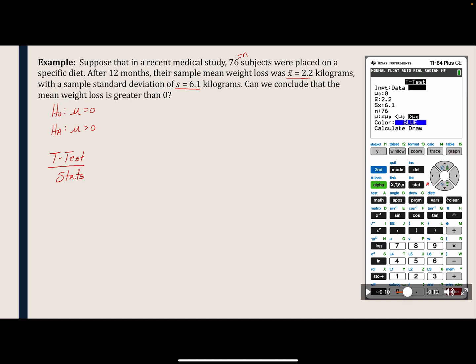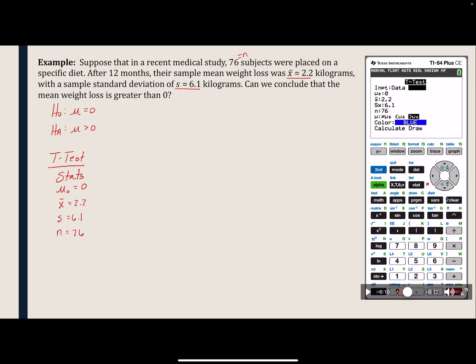Mu sub 0 is the null hypothesis. So remember that anything sub 0 is the null hypothesis, and this is just asking what the null hypothesis value is. Everything else is taken right out of the problem. We have X bar equal to 2.2, S equal to 6.1, and the sample size equal to 76.